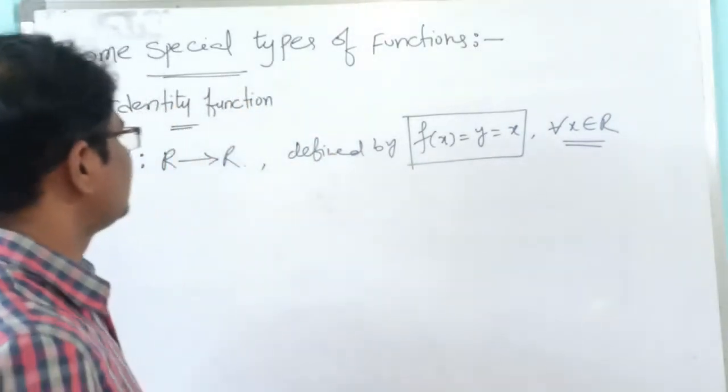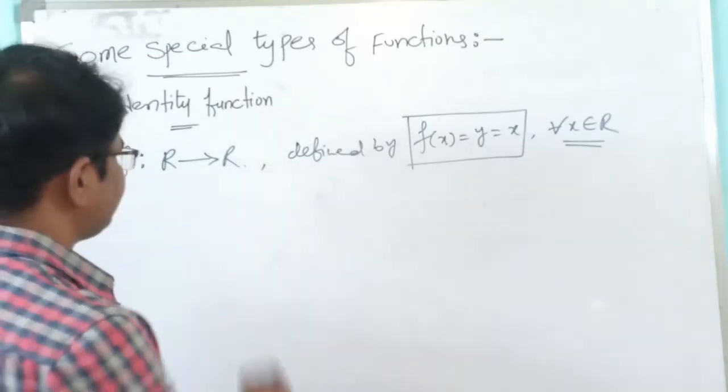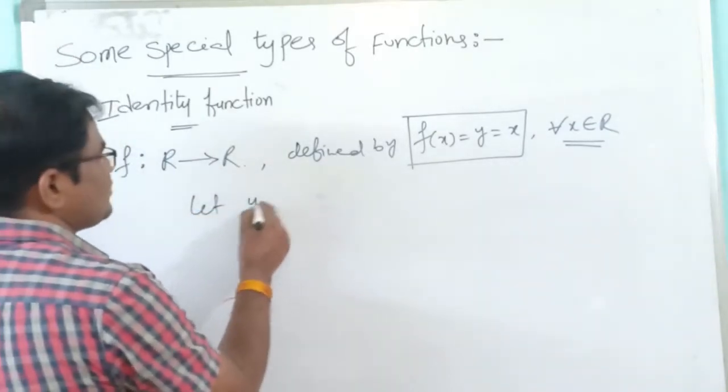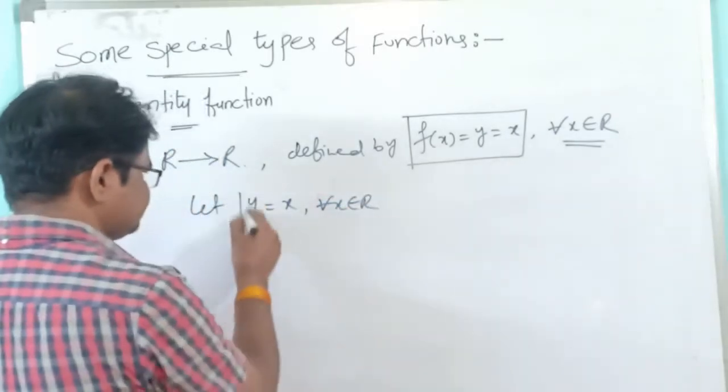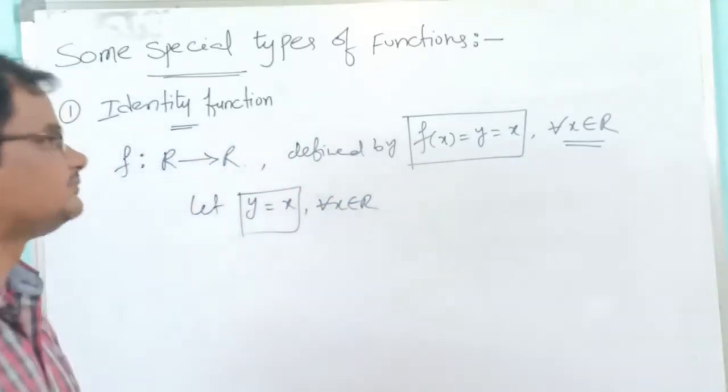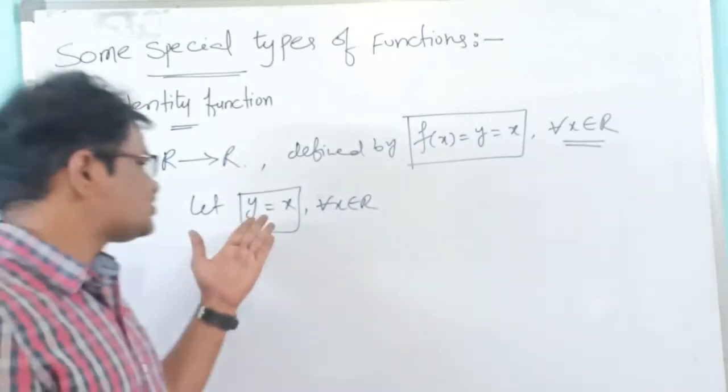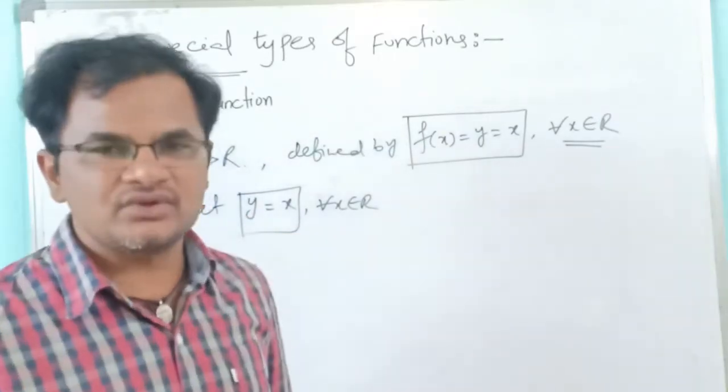Right. Suppose you take y equal to x for all x belongs to real numbers. Right. So it is a straight line which passes through the origin.